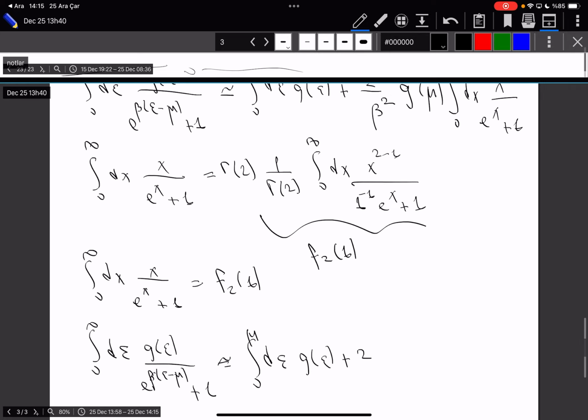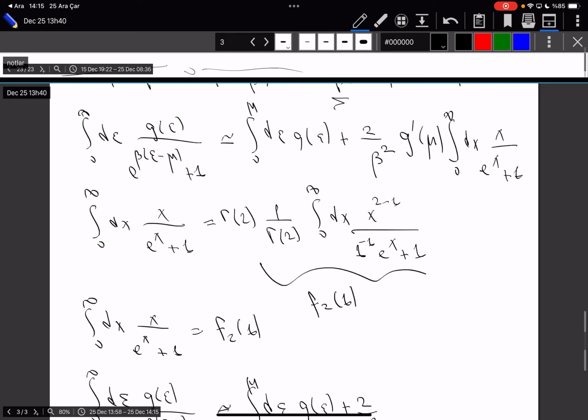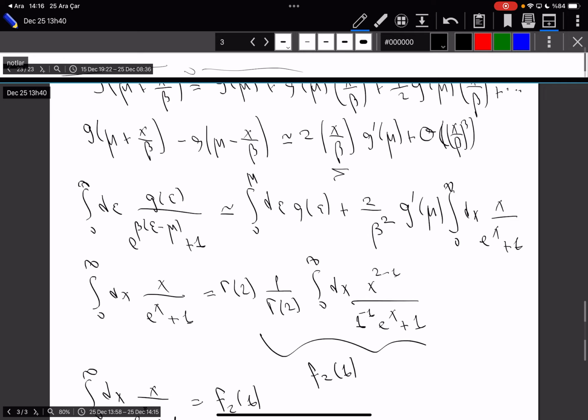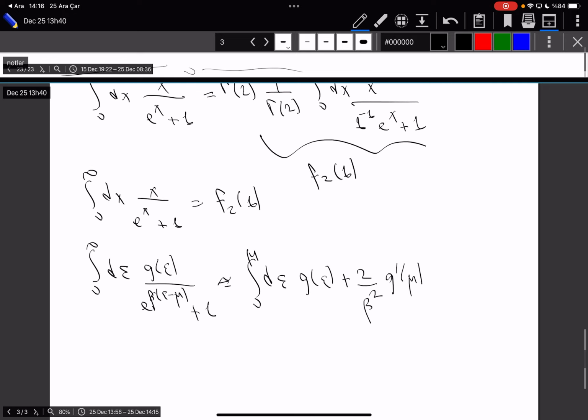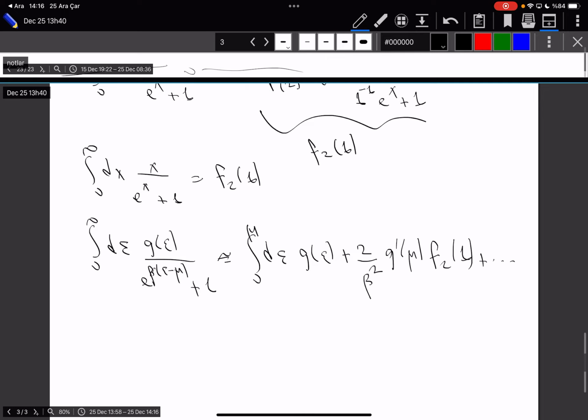Plus 2 over beta squared, g prime of mu, f2 of 1. Plus other corrections. So any questions up to here?